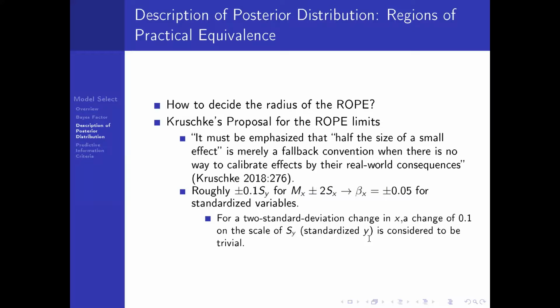So it is the range covering 95% of X. Okay. Variation in that range, there is very little variation in Y. So after the stimulus of such a huge range change in X, we only get what? 0.1 variation in Y on a standardized scale. Then that's considered to be trivial.